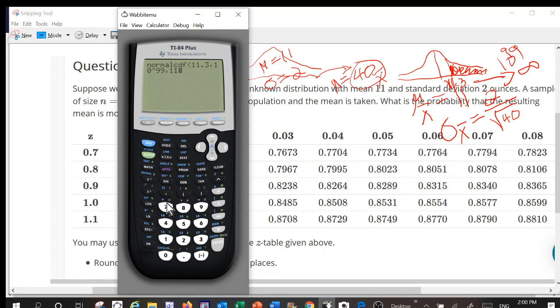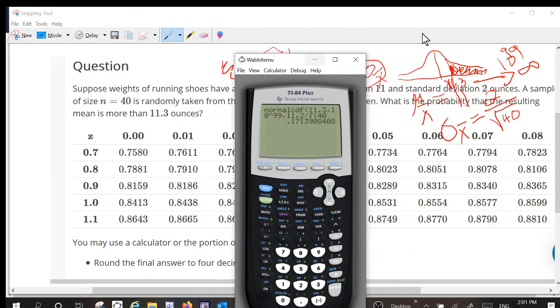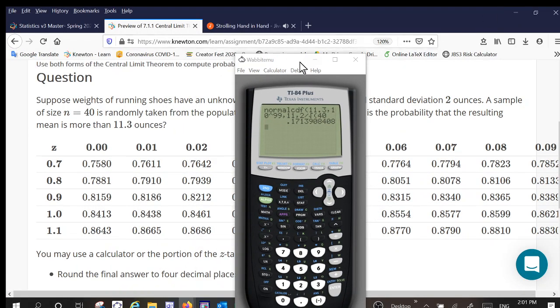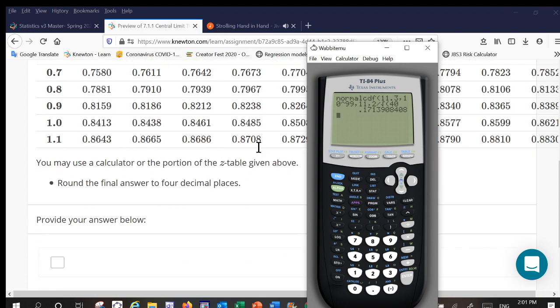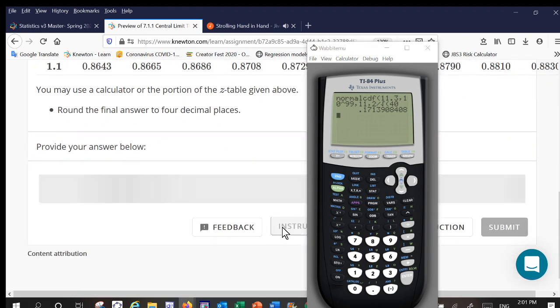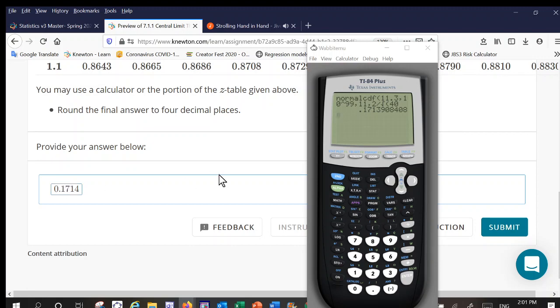It was 11. And the standard deviation is 2 divided by square root of 40. And that is about 17 something percent, right? So round to 4 decimal places. So it's 0.1714, right? With 4 decimal places. Okay.